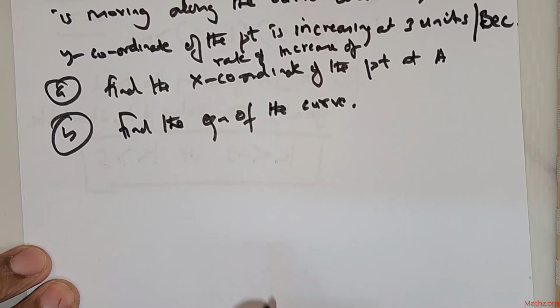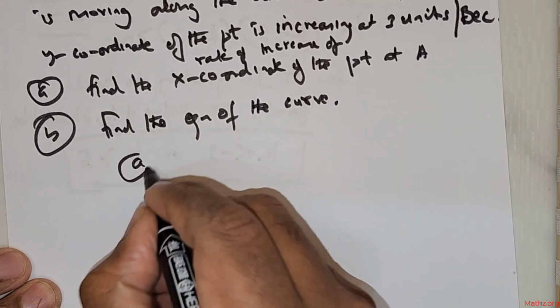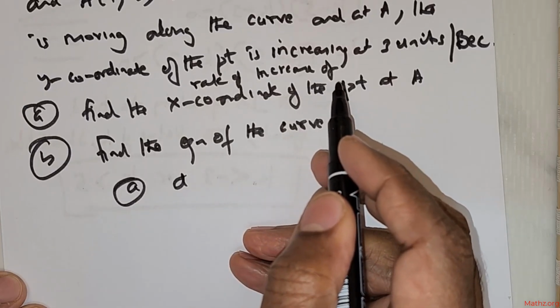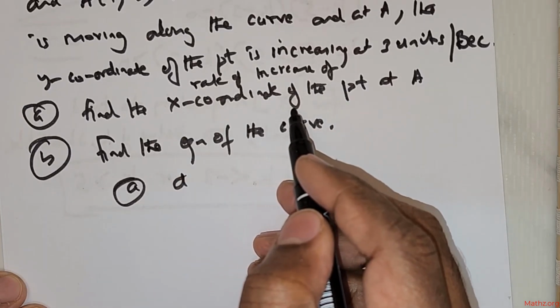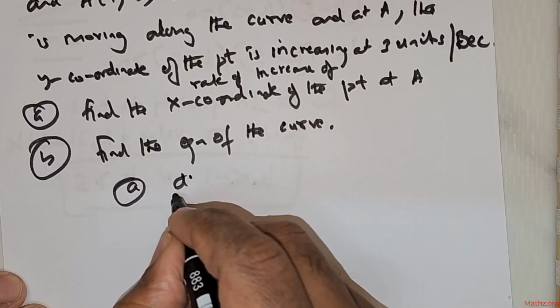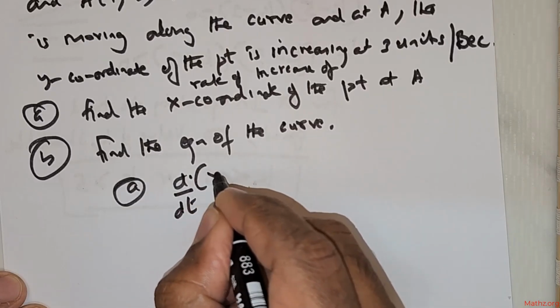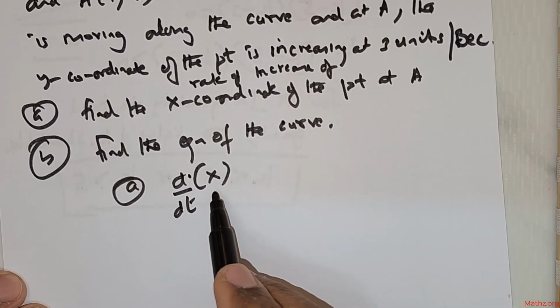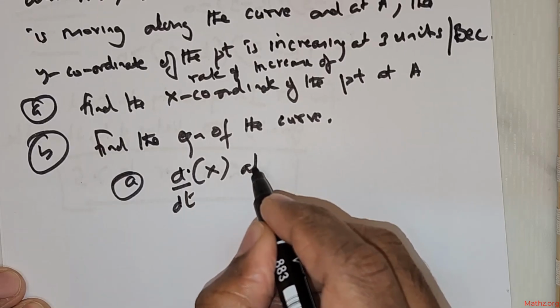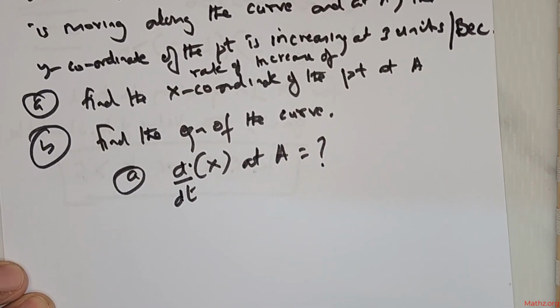so what they are asking us in question A is to find the rate of increase of the x coordinate at A. So rate means what? d over dt. And what are we to find? The rate of increase for the x coordinate at A, so this is required.